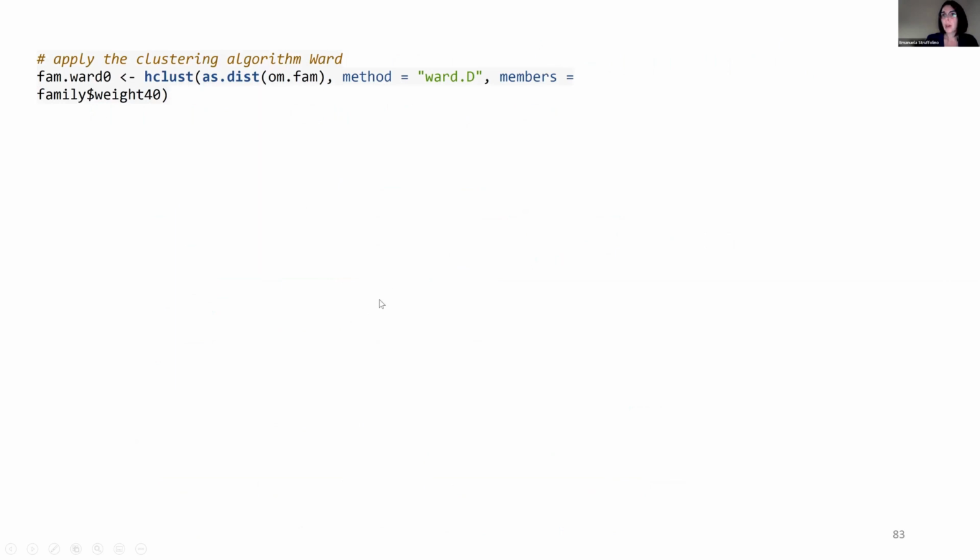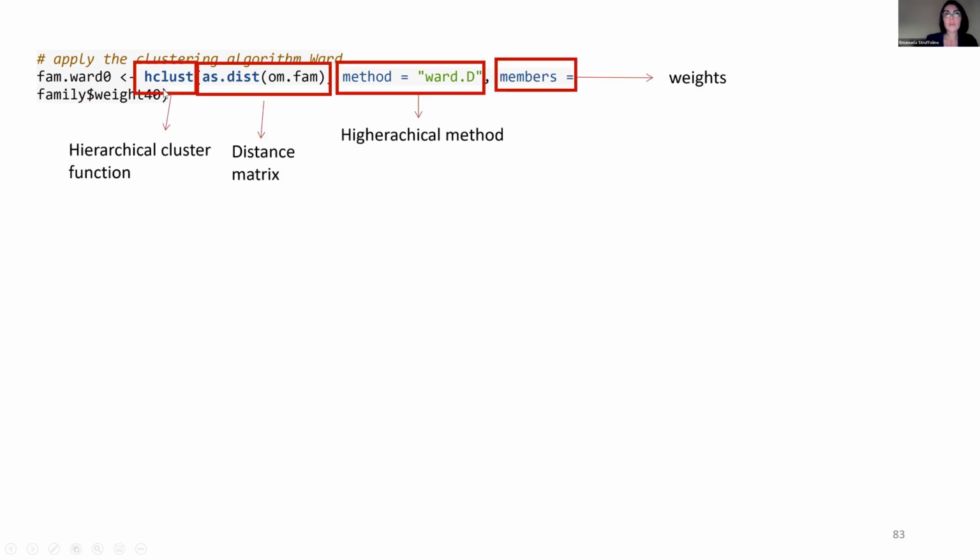How do we do that in R? You should be right now a little bit more familiar with the standard language we are using here. We generate objects using this arrow, and we put into those objects something that comes out of a function. And the function here is this hclust. And we have to specify the distance matrix, which we generate within TraMineR, and I will show you in the hands-on how to do that.